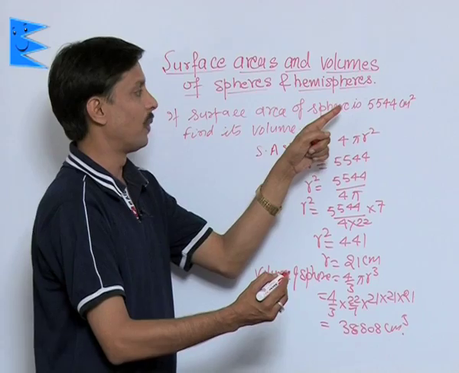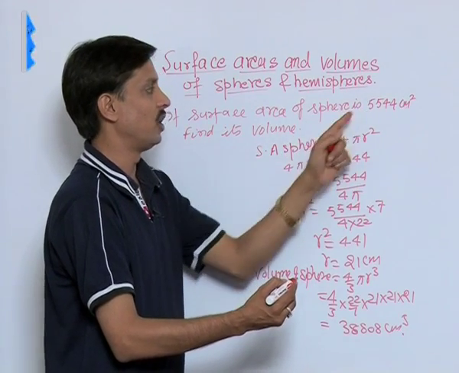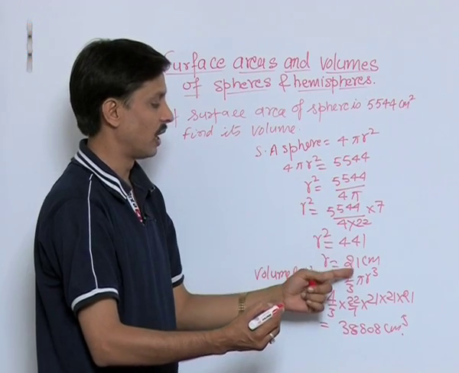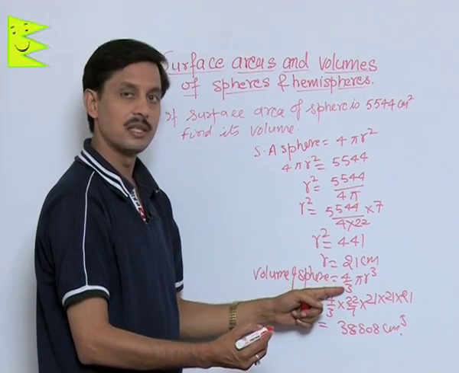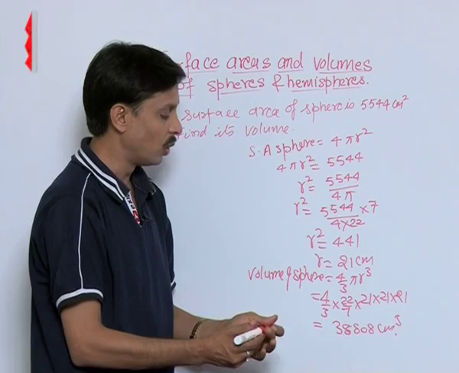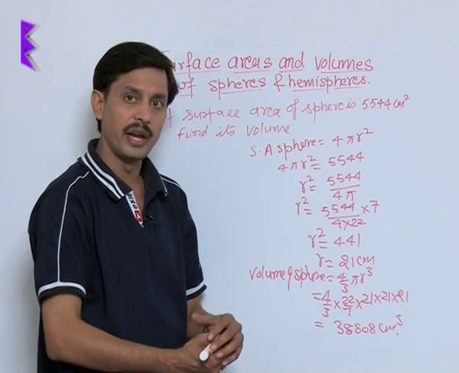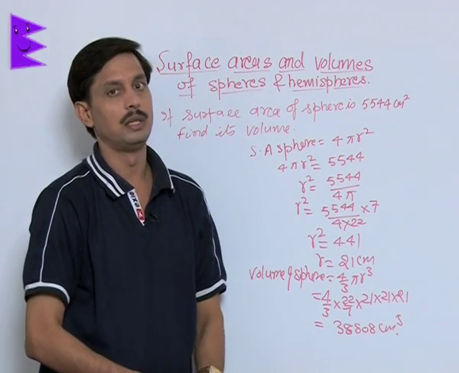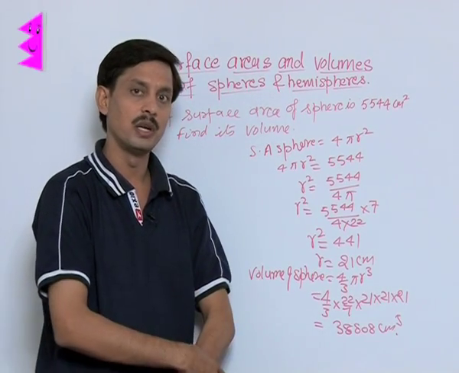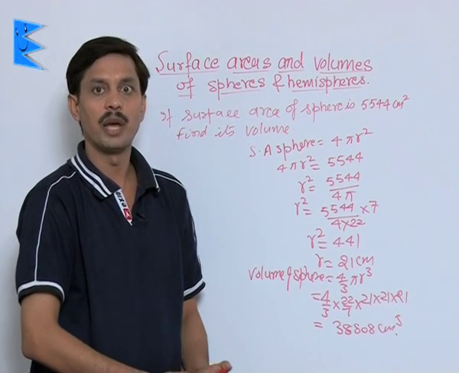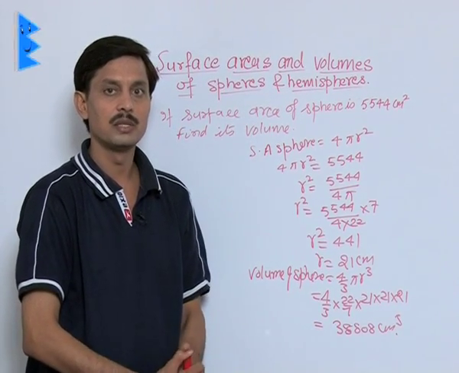So with the help of the curved surface area or total surface area of a sphere, on comparing we calculated the radius. Radius is applied in the formula of volume. So it becomes 38808 centimeter cube is the volume of this sphere whose surface area is 5544 centimeter square.